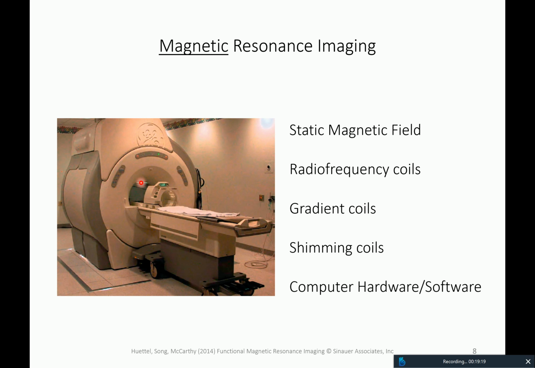For example, the Philips system that we had in Birmingham had a body coil built into the bore of the scanner, which emits radio frequency and also records radio frequency from the sample, whereas the head coil typically used for brain imaging was only a receiving coil.